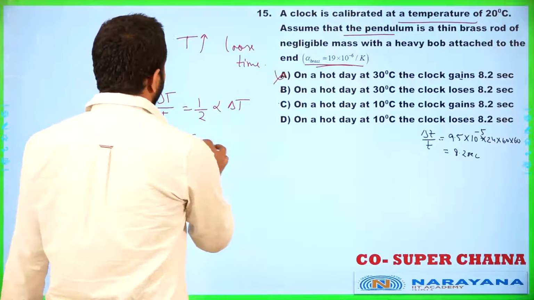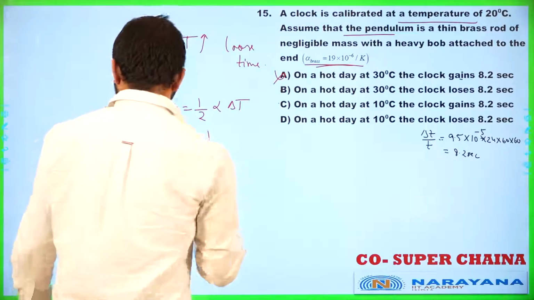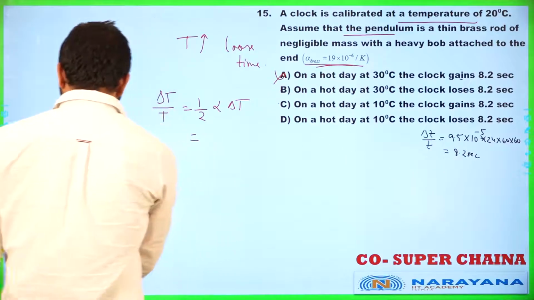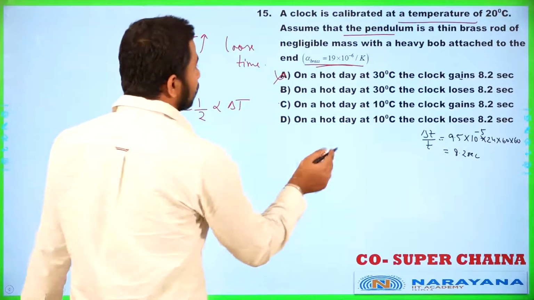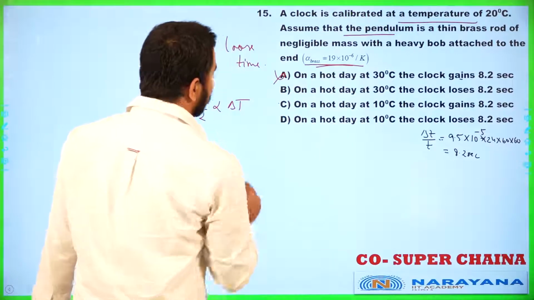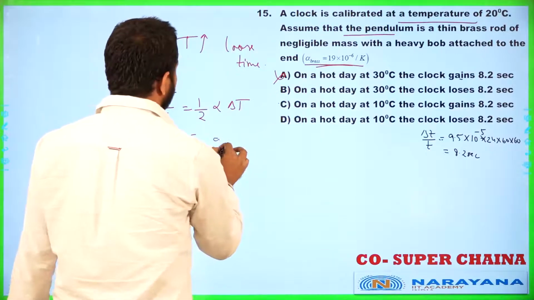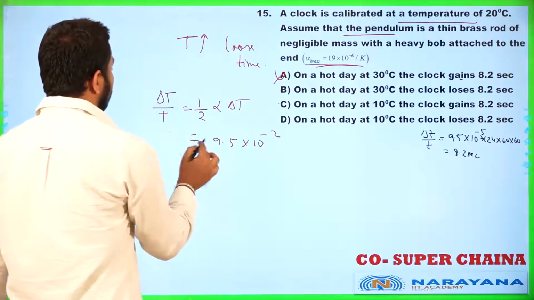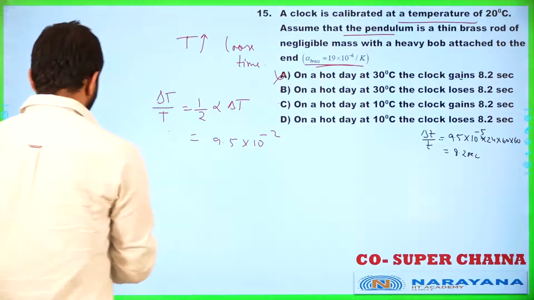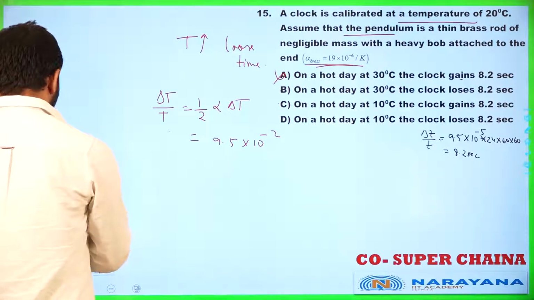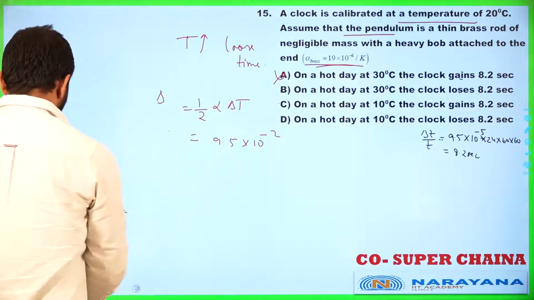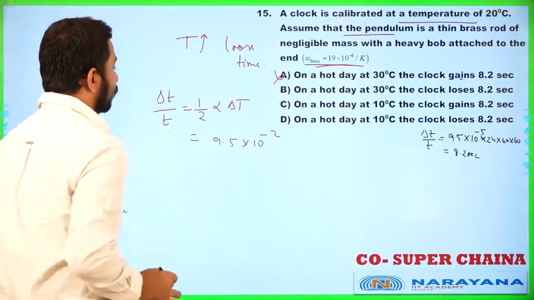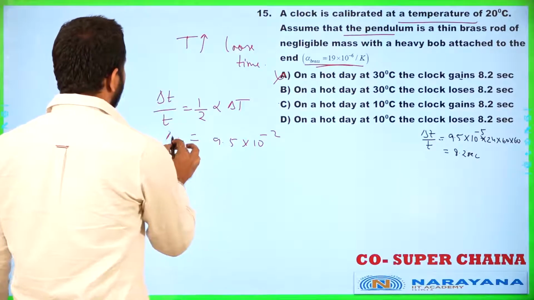So half into alpha, we can write as 9.5 into 10 to the power minus 2, and multiply this with T. So we can write delta T by T here, and we can multiply this by delta T.